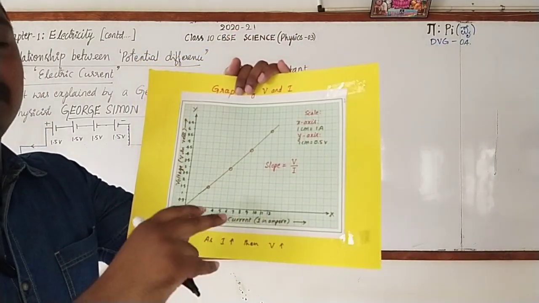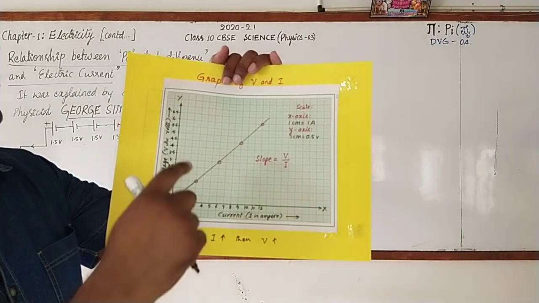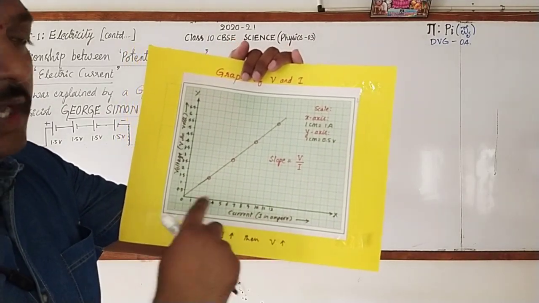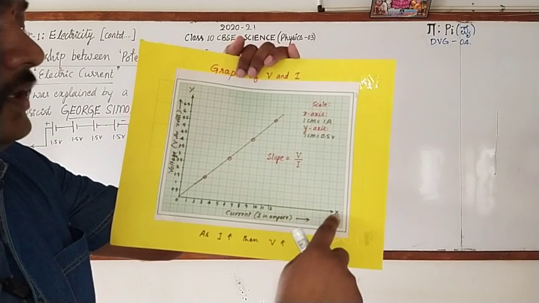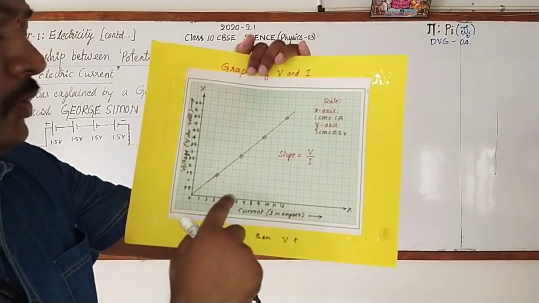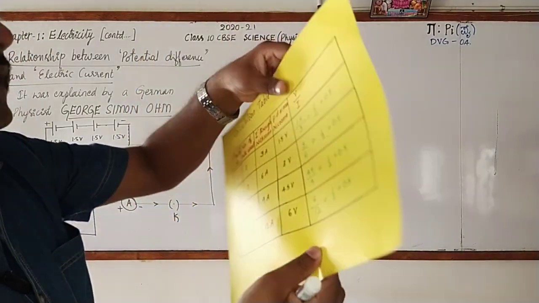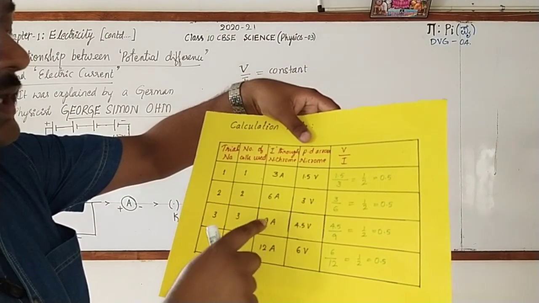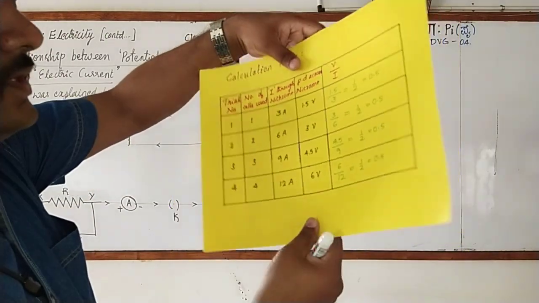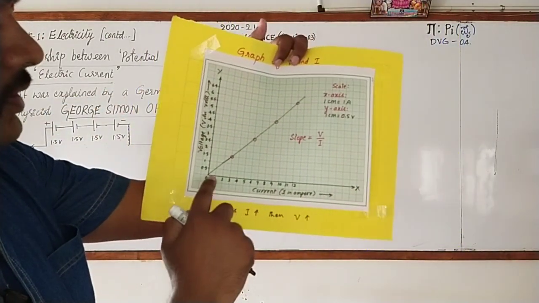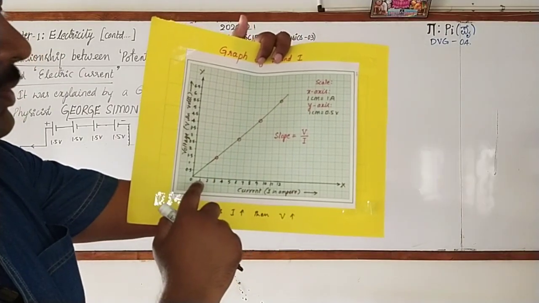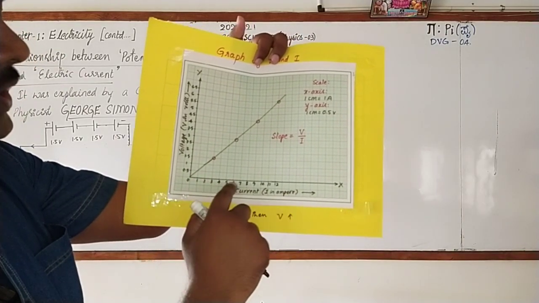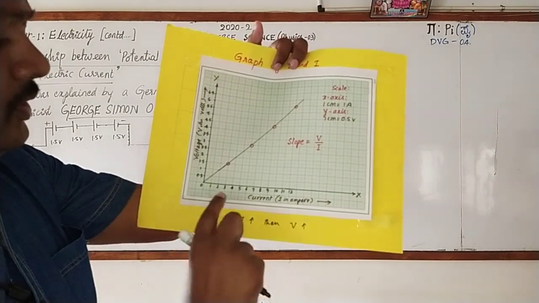They can also be taken in reverse order, but as given in the NCERT textbook, I have taken I along x and V along y. Current is 3 amp, 6 amp, 9 amp, 12 amp, so on the x-axis I have written 1 centimeter equal to 1 ampere: 1, 2, 3, 4, and it continues.